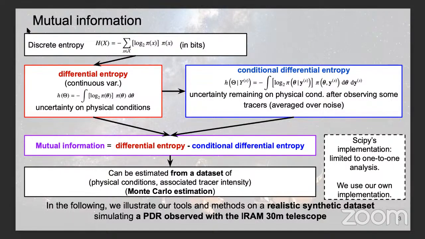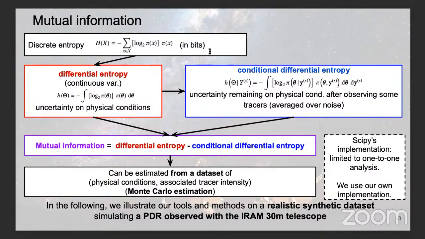of mutual information. So in information theory, you can generalize the idea of entropy that we know in physics to any random variable. For a discrete random variable, it's basically the same expression as in statistical physics, except it's not the same units, it's in bits.